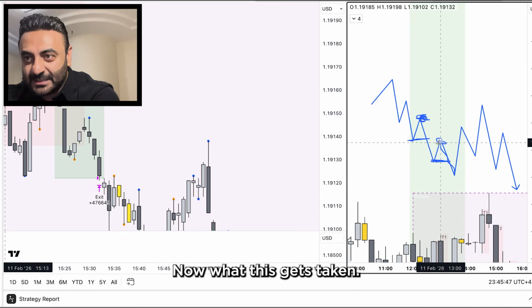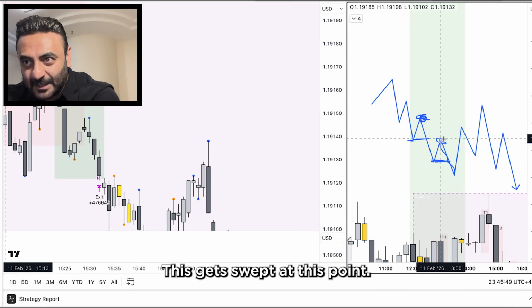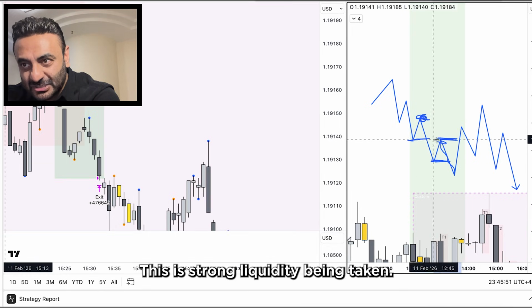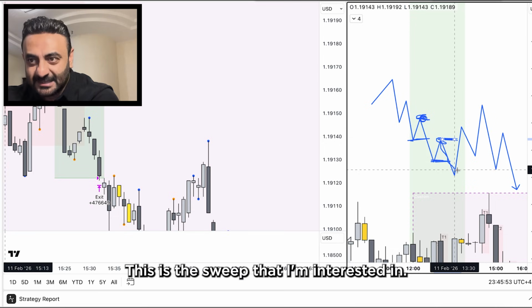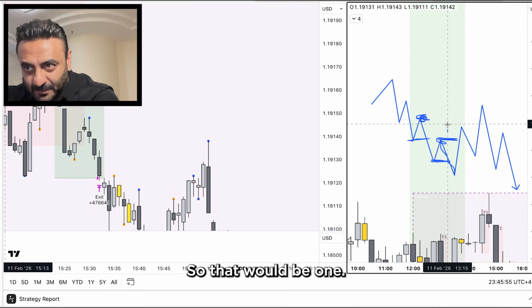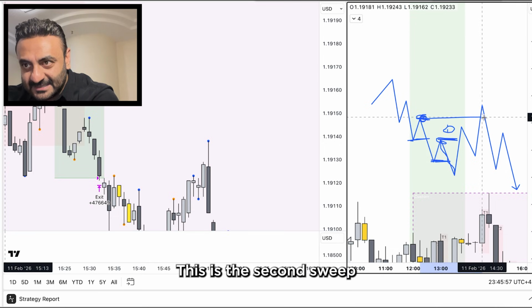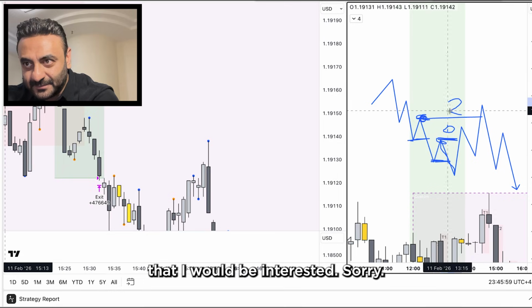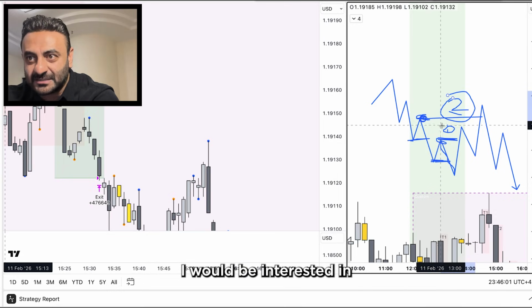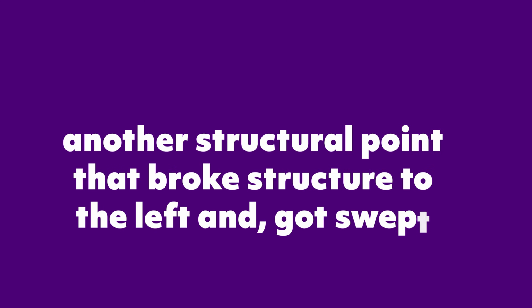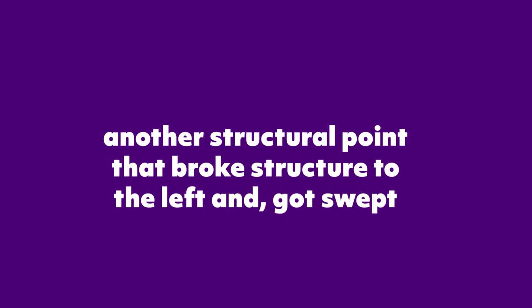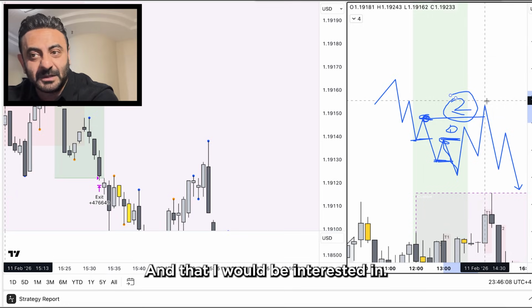Now, when this gets taken, this gets swept, this is strong liquidity being taken. This is the sweep that I'm interested in. That would be the first one. This would be the second sweep I would be interested in, because it's another structural point that broke structure to the left and got swept.